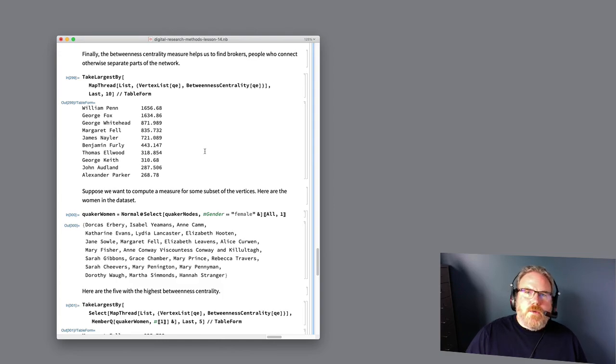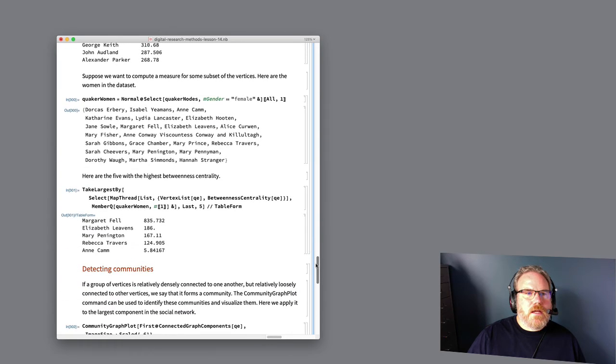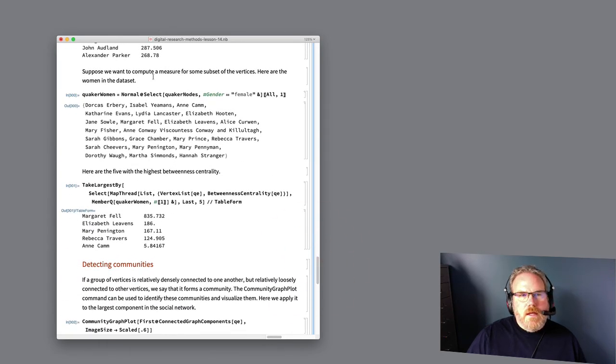Now, we can also pick out pieces of the graph and measure properties of that. So for example, this next expression here selects out the women in the data set, and we can measure betweenness centrality just for the women and not see that measure for the other members, who are men.